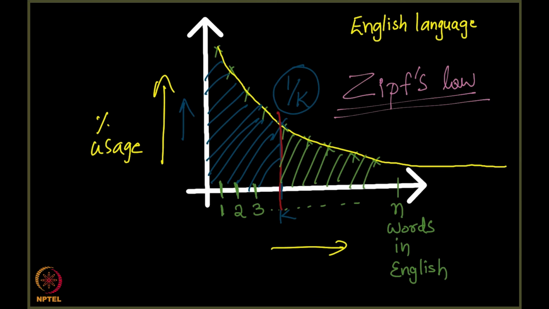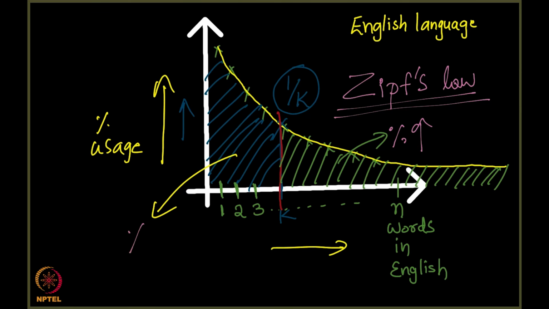But if you see, this tail goes on like this. This is a big percentage. I mean, the area here is way bigger compared to the area here. This is a smaller percentage. Again, this is observed in words too.